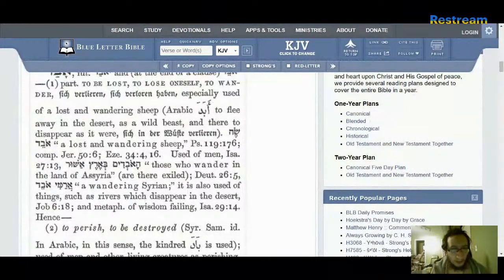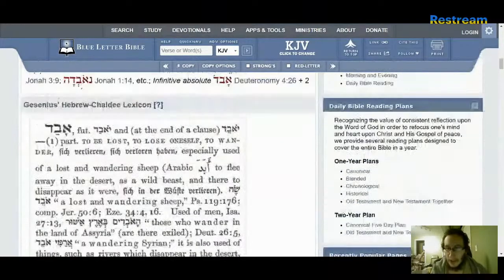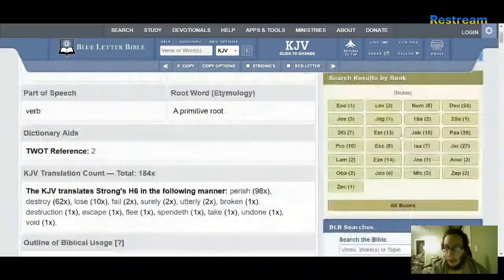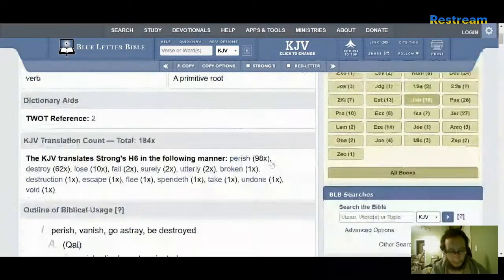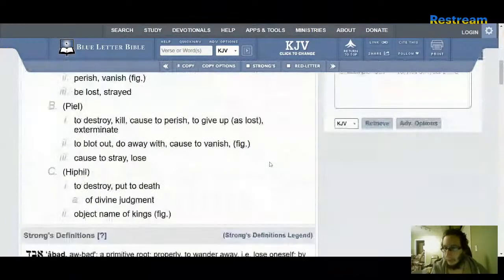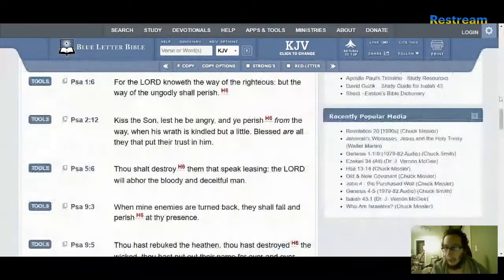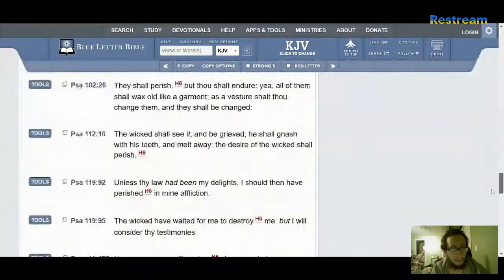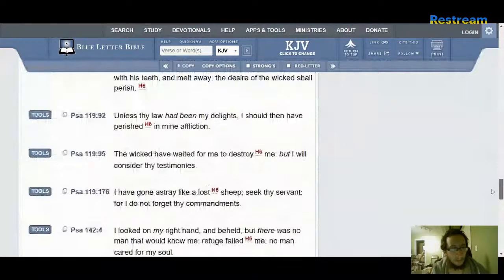Let's take a look. They say that uses the word... Psalm 119. I have gone astray like a lost sheep.